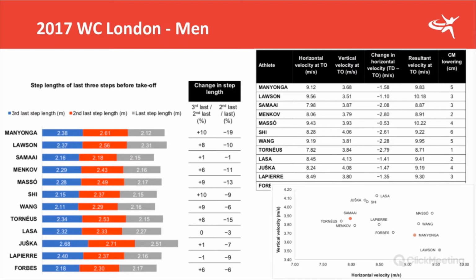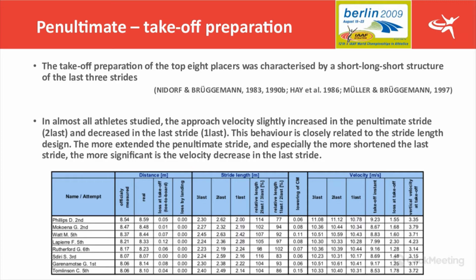So we'll see Lapierre there at 3.8. There are better ones there, but I think in other competitions you could see him probably getting over 4 meters per second in terms of vertical velocity. But yeah, okay, cool.